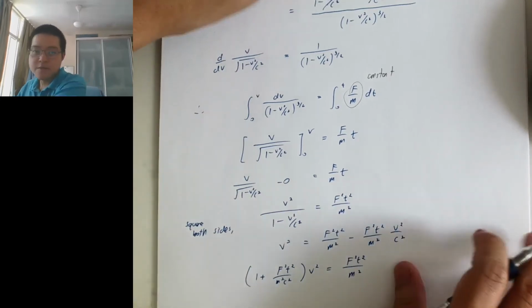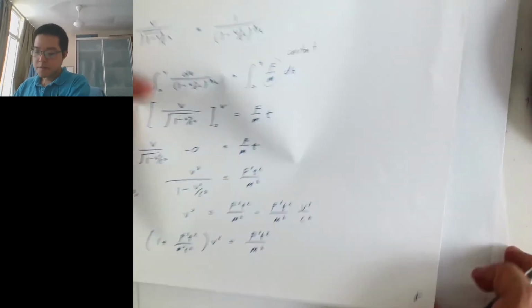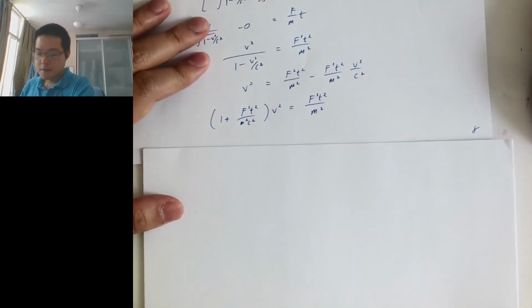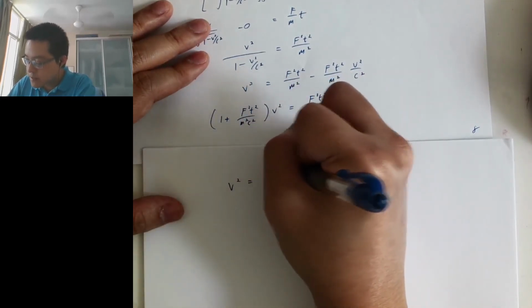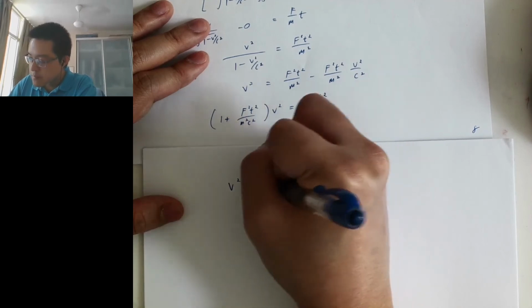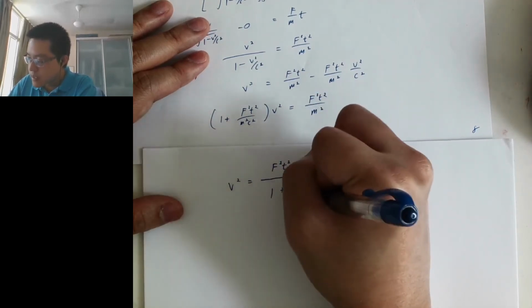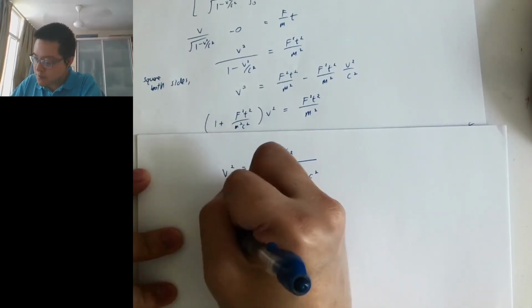Okay, and then we simplify. So we got, let's write it in this way. So that my v squared now is F squared t squared over m squared, and then this is 1 plus F squared t squared over m squared c squared. So what I'm going to do is I want to simplify this, factor out.